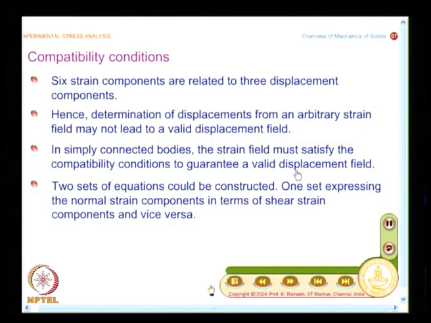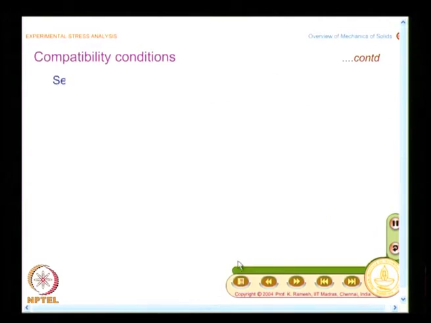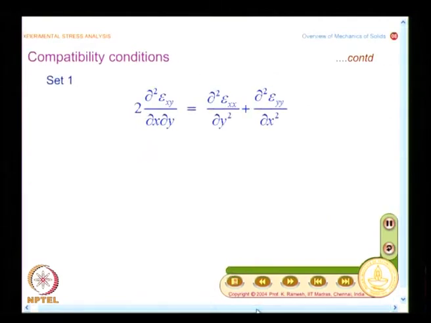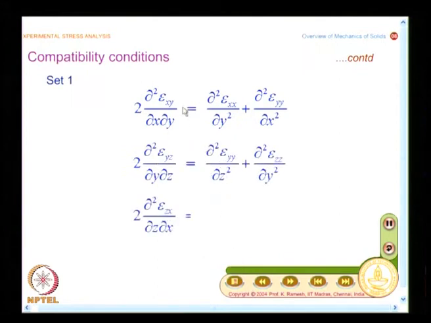And what you see here, 2 sets of equations could be constructed. One set expressing the normal strain components in terms of shear strain components and vice versa, and the equations appear like this. So, when I relate the normal strain components to shear strain component, you have it like this. On the left hand side you have only shear strain components, on the right hand side you have the normal strain components.